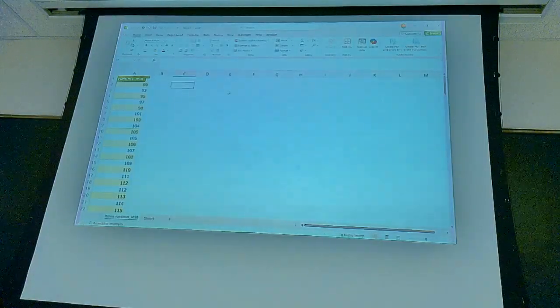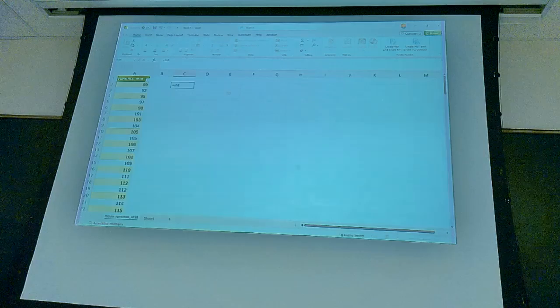What I'm going to do is I'm going to go equals INT. INT is going to round the entry down to the nearest integer.